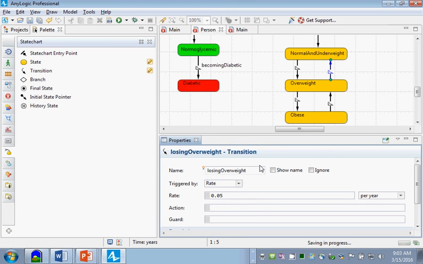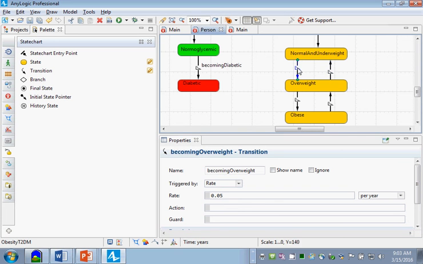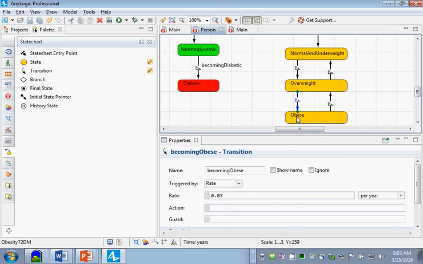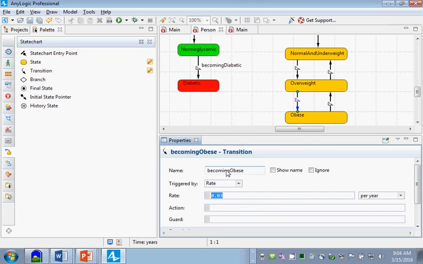So let me go through those again. I realized I went through those quickly. For this one, going from normal to overweight, I called it becoming overweight, and the rate for me is 0.05. Overweight to obese, I called it becoming obese, and it's a rate of 0.03.